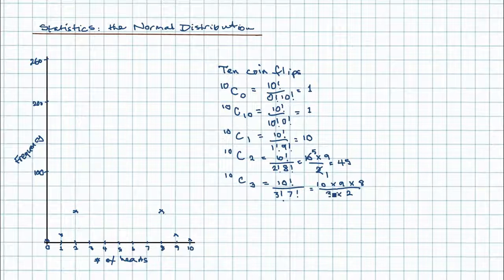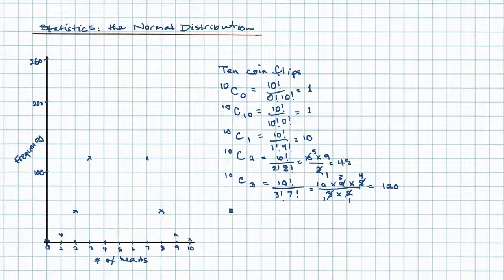So here we can cancel the 3s. 9 divided by 3 is 3. And maybe leave the 10 but cancel the 2 with the 8. So now we've got 3 times 4, which is 12, times 10, which is 120. So the number of ways of getting 3 heads is 120, which is there, and that must be the same for getting 7 heads.